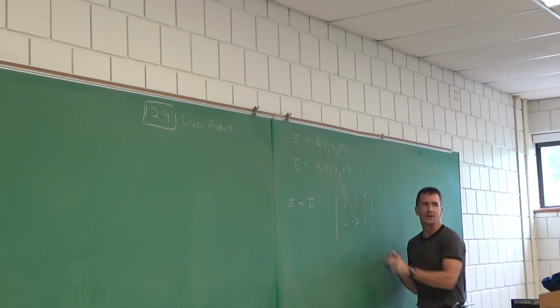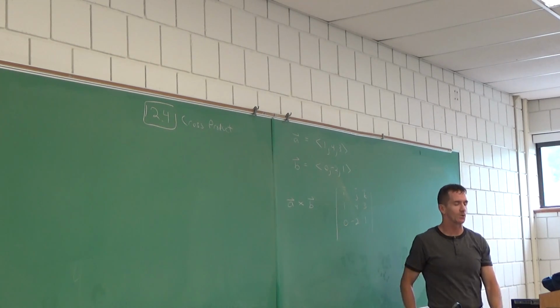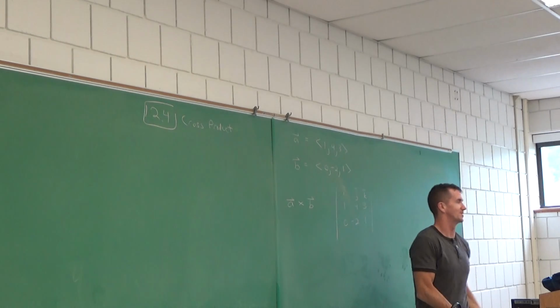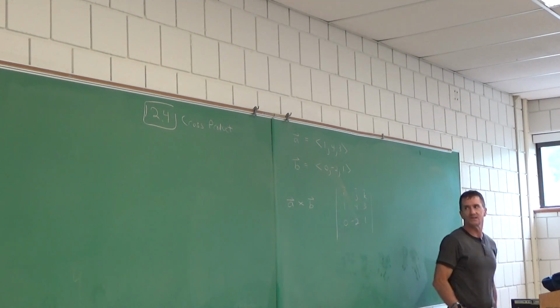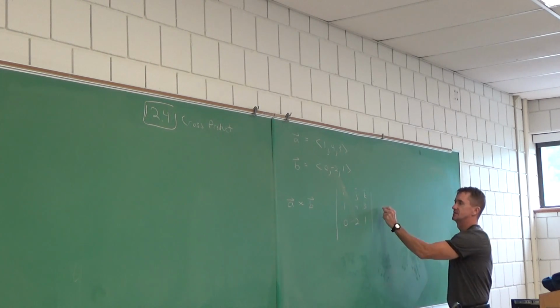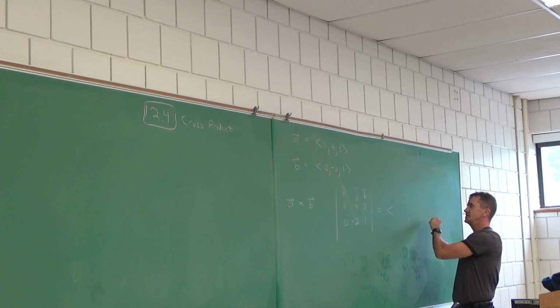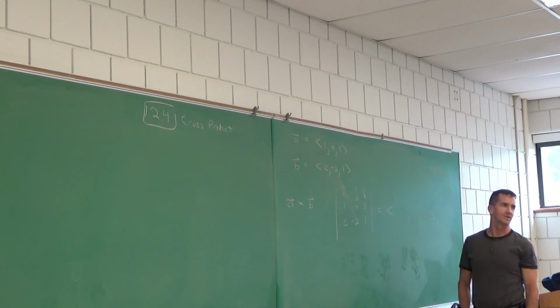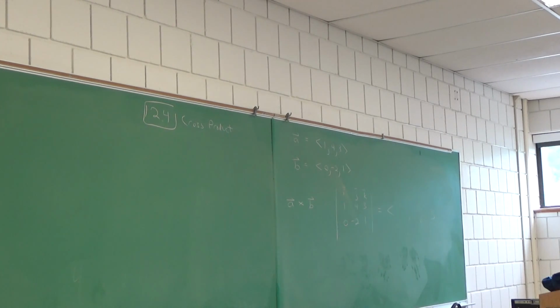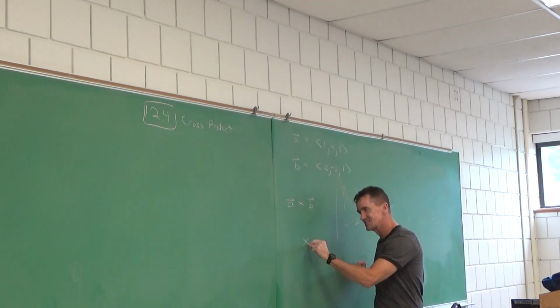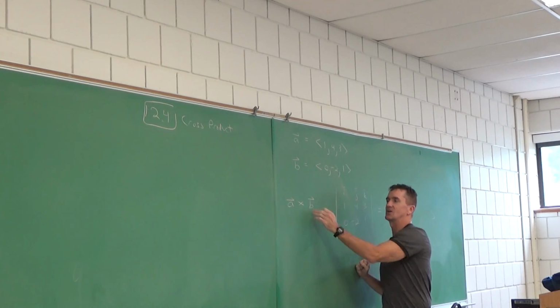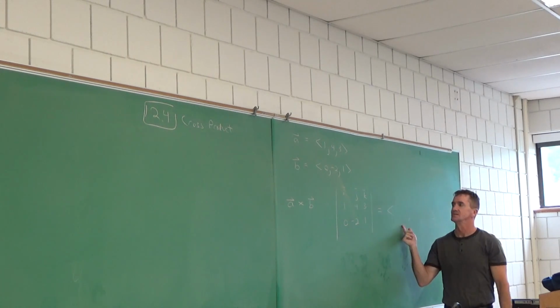Now if you've worked with matrices before, then you know what a determinant is, and you probably already know how to find it. But it's real easy to find a determinant of a matrix. So I'm going to put an equal sign here and leave these 3 slots open for our cross product. The cross product of two vectors, and we make that cross, it's just like an X. The cross product of two vectors is a vector.